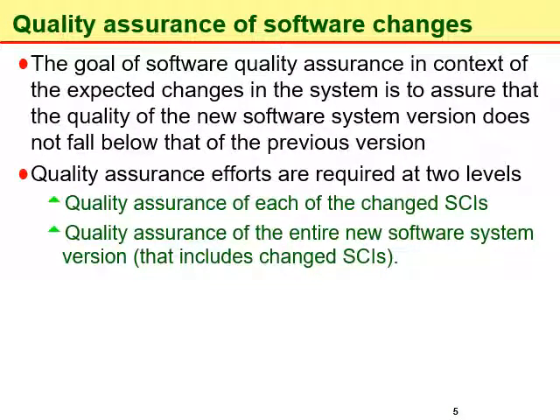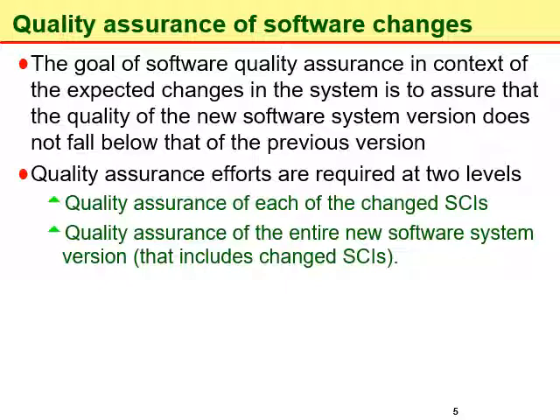Here we discuss quality assurance activities while performing the changes in the software. Since change is expected in the software system, and in fact changes might be related to more than one software configuration item, quality assurance activities are needed while accommodating the changes.